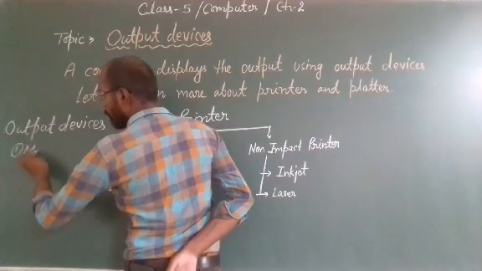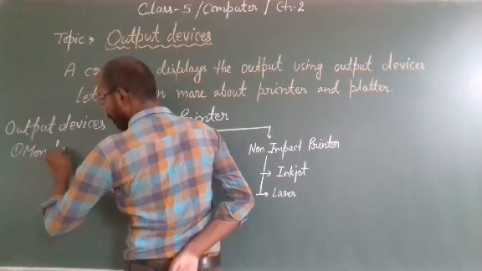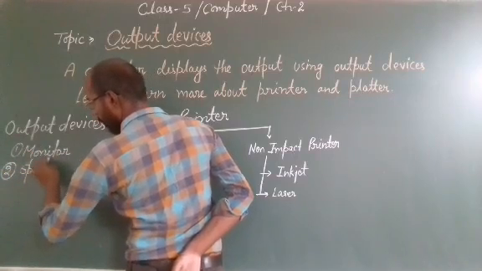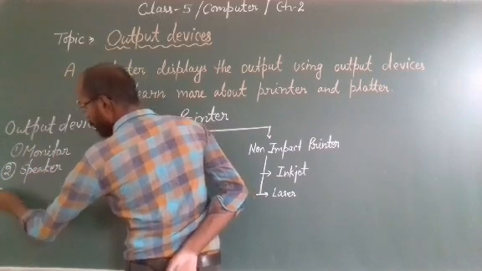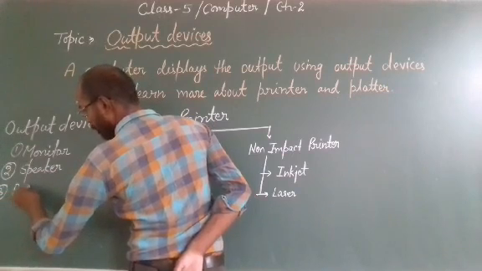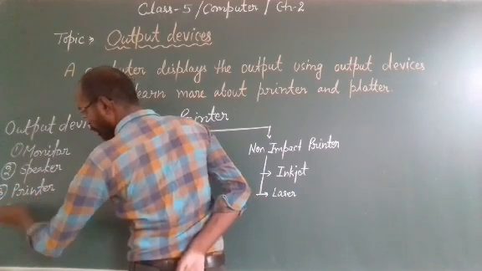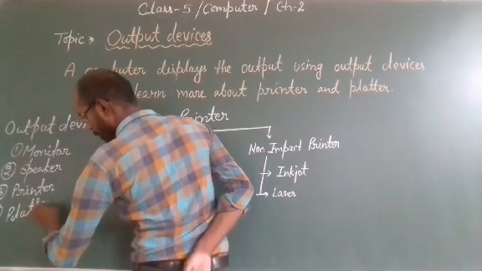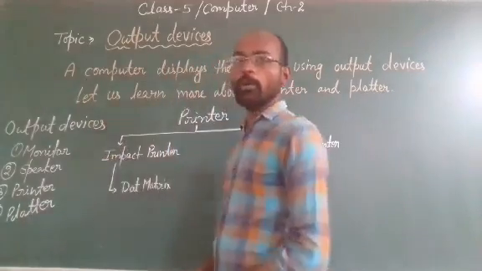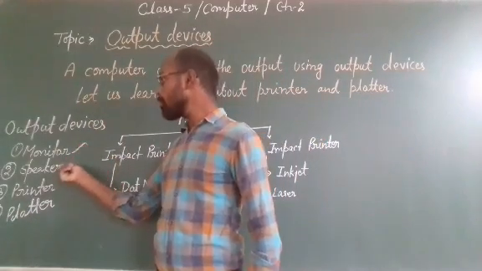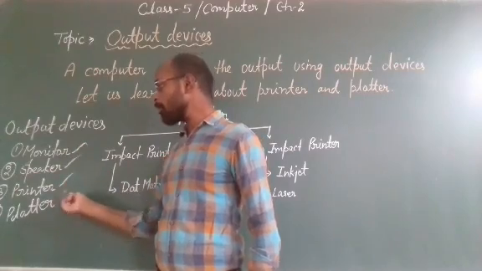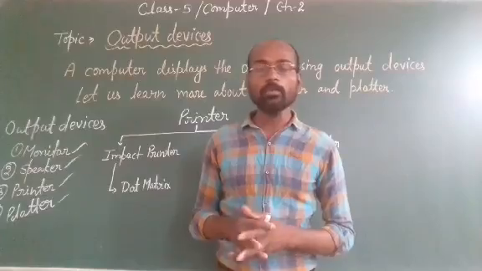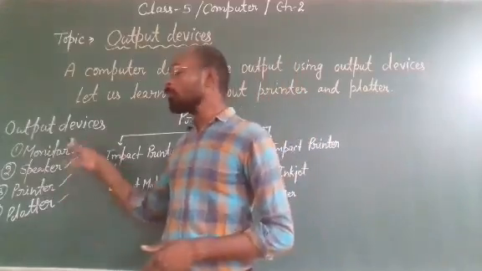First is monitor, second is speaker, third is printer, and fourth is plotter. A computer displays the output using these output devices.